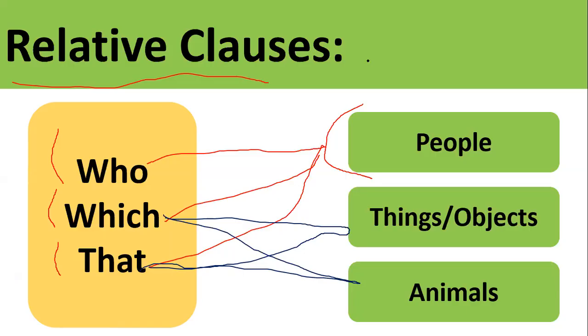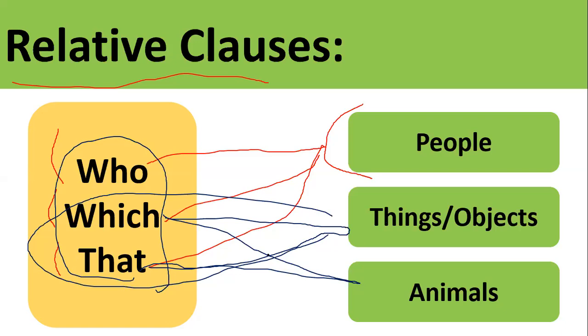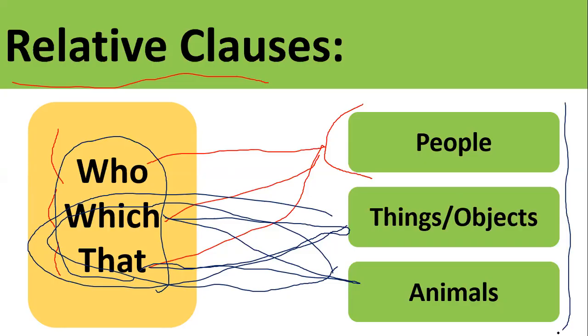So I can use it like this: people, all of them; things, only these 2; and animals, the same thing, only these 2. But it's important for you to remember, there is not really a difference for people, but we need to pay attention to that. Do you have questions with this?